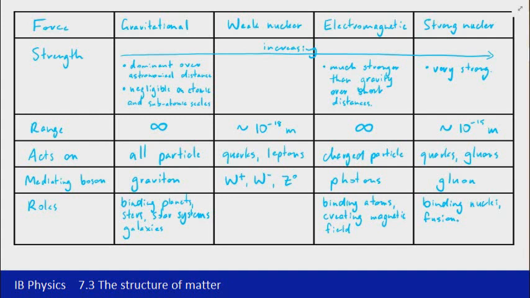Finally, the weak nuclear force is responsible for radioactive decay, so the transmutation of elements from one to another. It's also involved in neutrino interactions. And the last thing to be aware of is that it is also responsible for supernovae of stars.